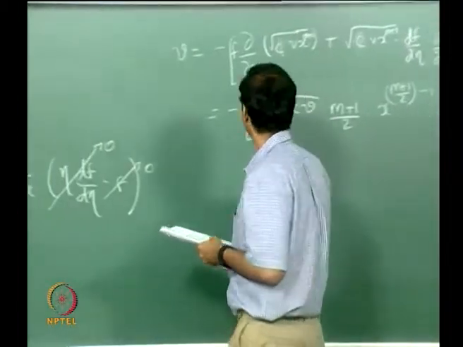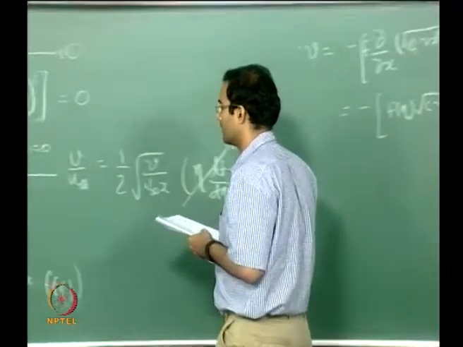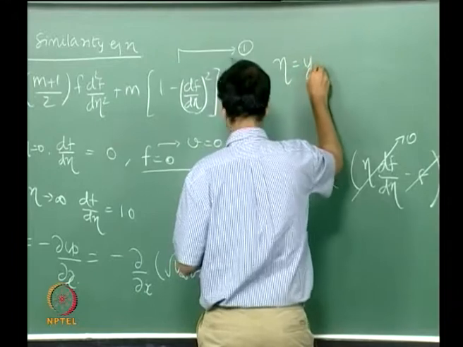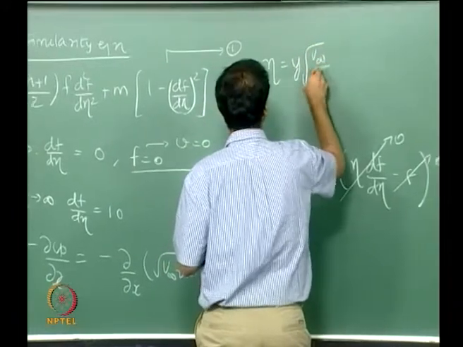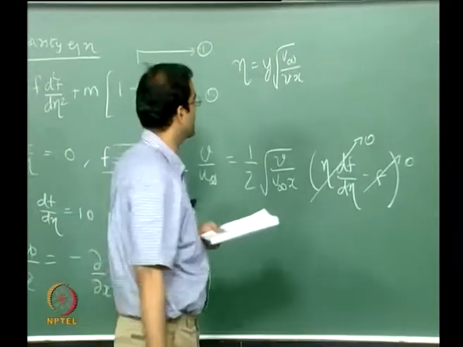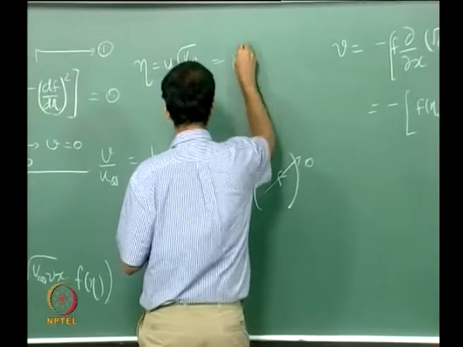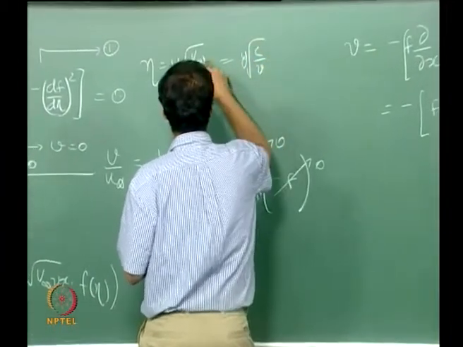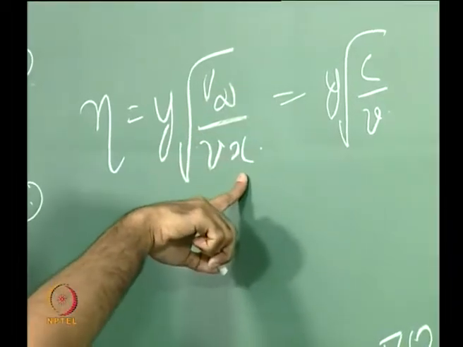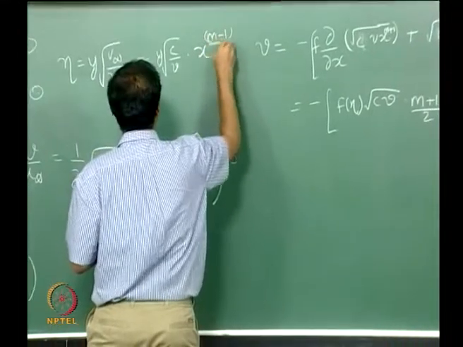So now again we have to differentiate eta with respect to x, and we know our eta is nothing but y square root of u infinity by nu x. Okay, now again u infinity you have to write in terms of x, so this will be y square root of c by nu, so x power m minus 1 half, okay, so x m minus 1 by 2.